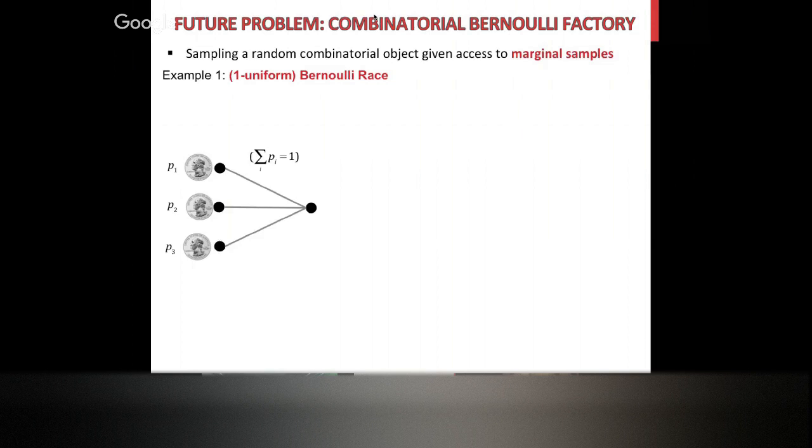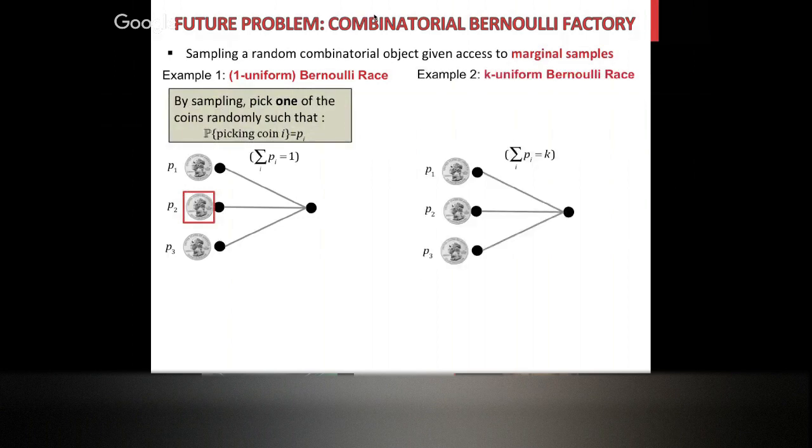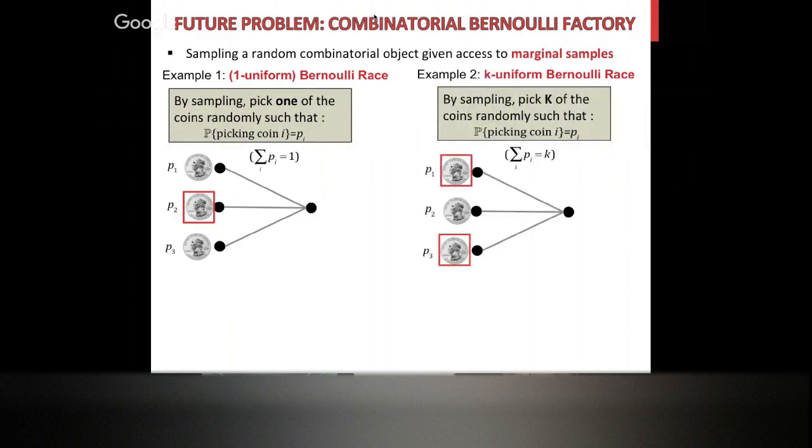If you're familiar with entropy sampling, it is about finding the maximum entropy distribution that matches the marginal conditions. Here it is exactly the same thing, but the difference is that you have access to marginal distributions. We solved the problem for the one-uniform matroid. Now the question is, can you do the k-uniform matroid? Can you do the matching one?